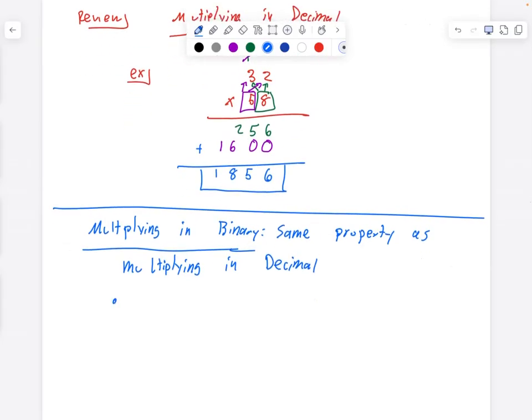And that is that we shift placement values for every bit we multiply.